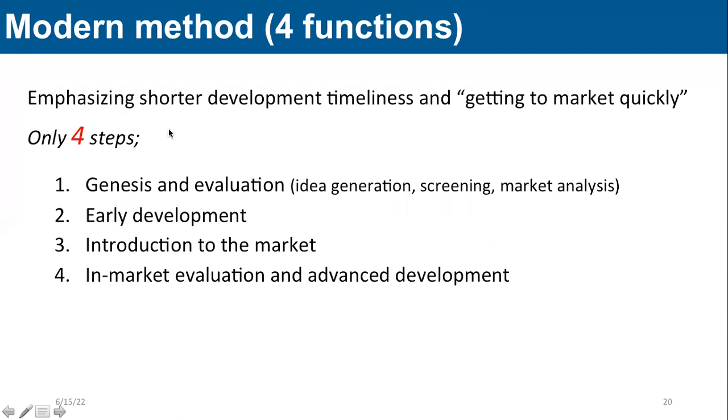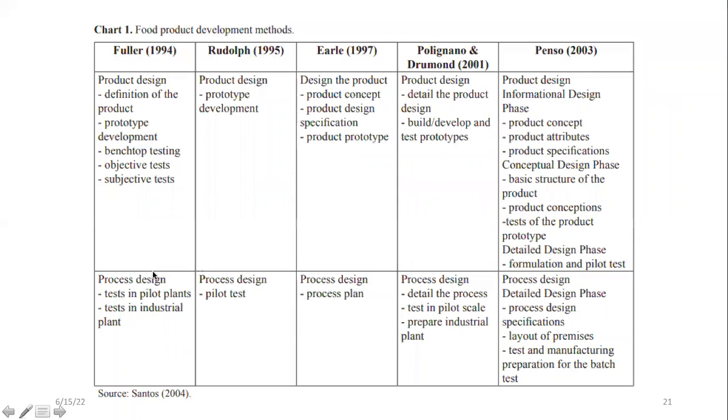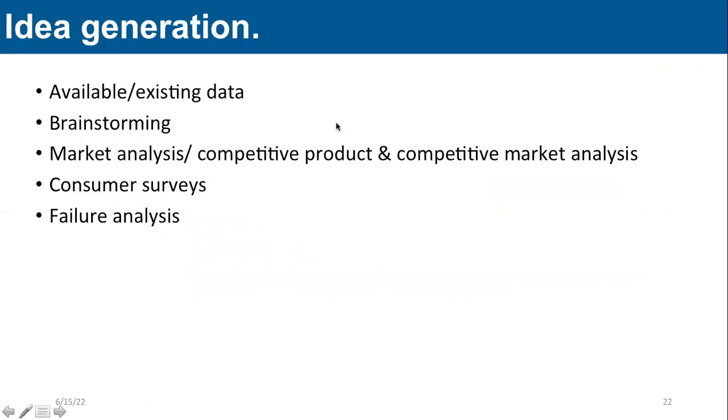So you can understand the differences between these 2 methods, the traditional method and the modern method. It will take less time than the traditional one, but there are two steps that are not there, right? And these are some product development methods literature. If you are interested, you can read.